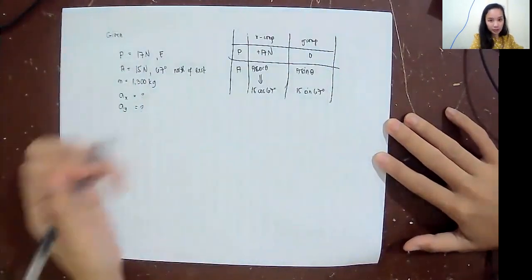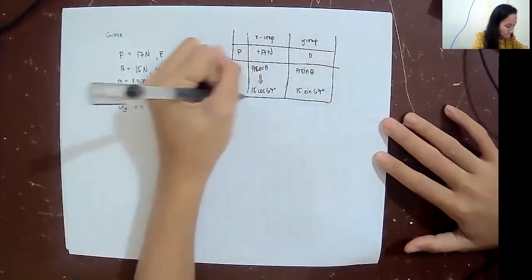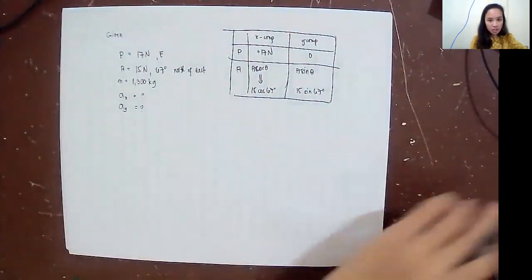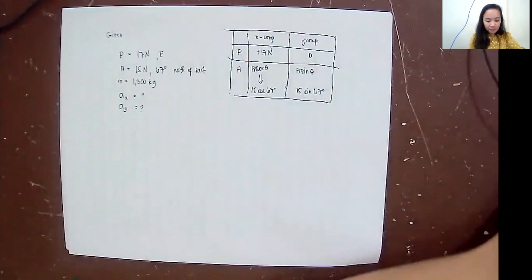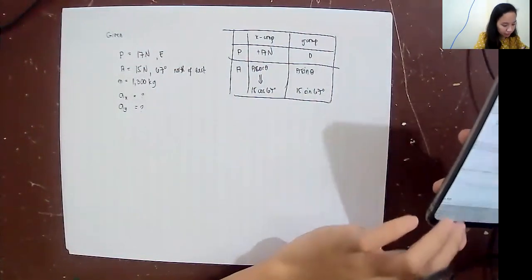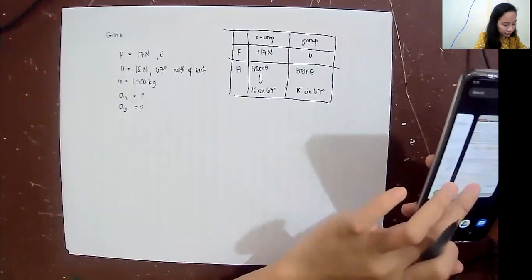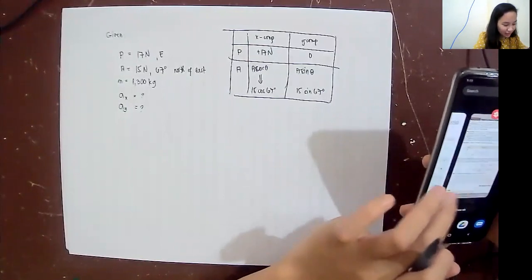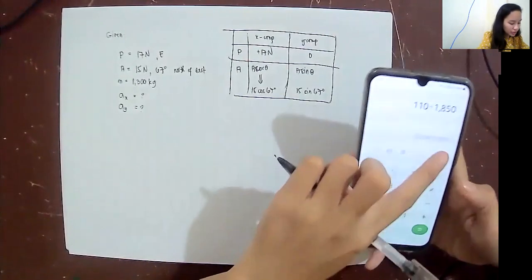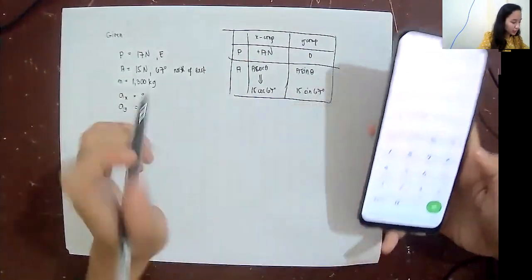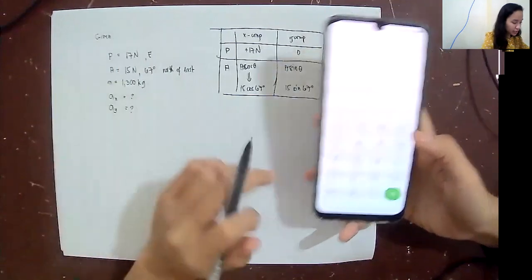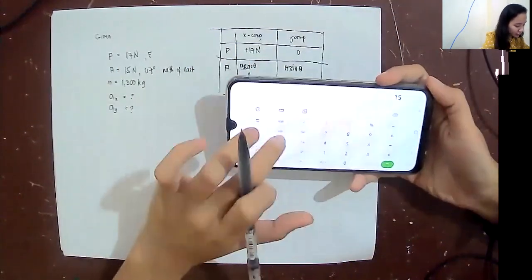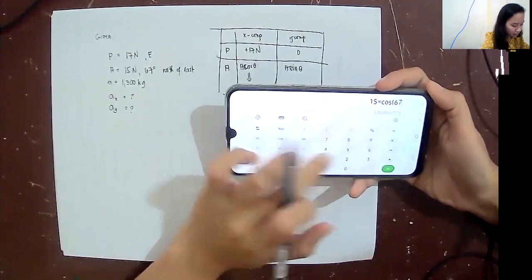So there. Okay, and then after solving for A, let's solve it. So let's solve letter A. Our x component for A, that's 15 cosine 67.